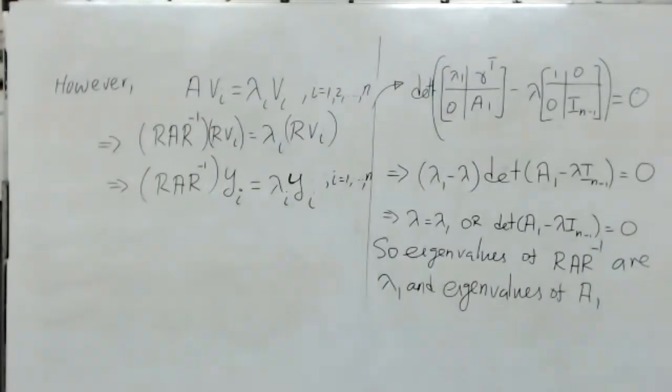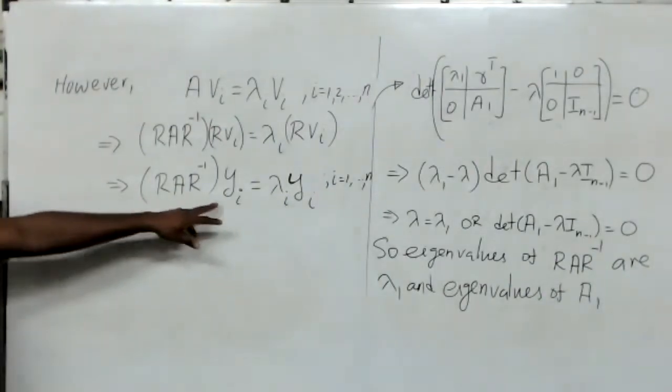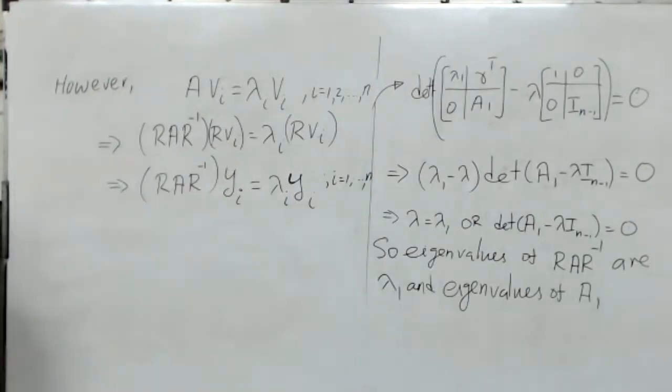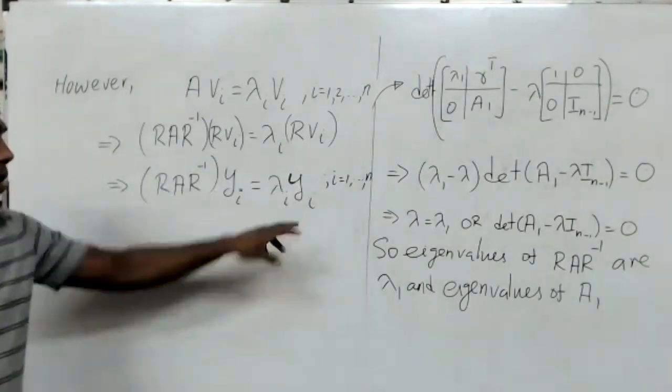Same argument: R A R inverse times Yi, because R times Vi is a vector that I name Yi, is equal to lambda i times Yi.